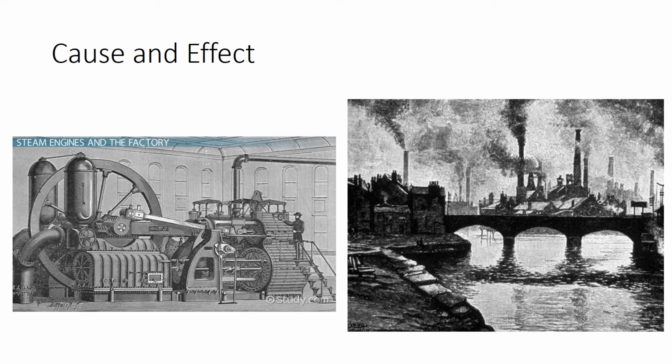Basically, without the invention of the steam engine, the Industrial Revolution would not have occurred, and society as we know it today would not exist. So that's a really good example of cause and effect, the creation of the steam engine and the factory.